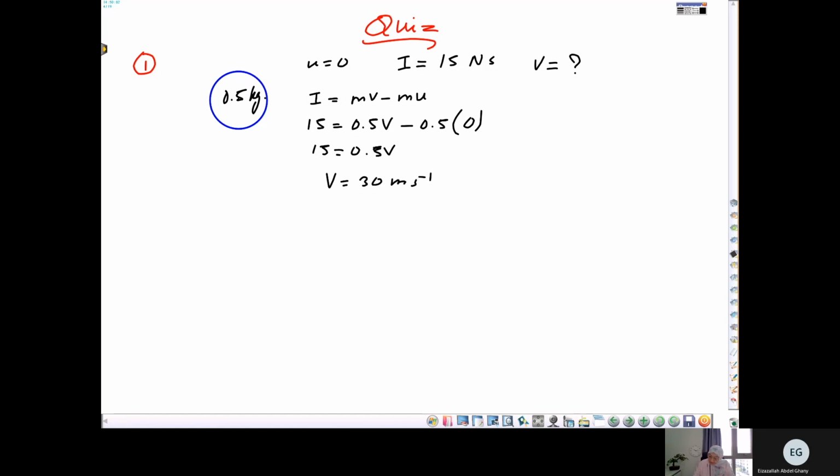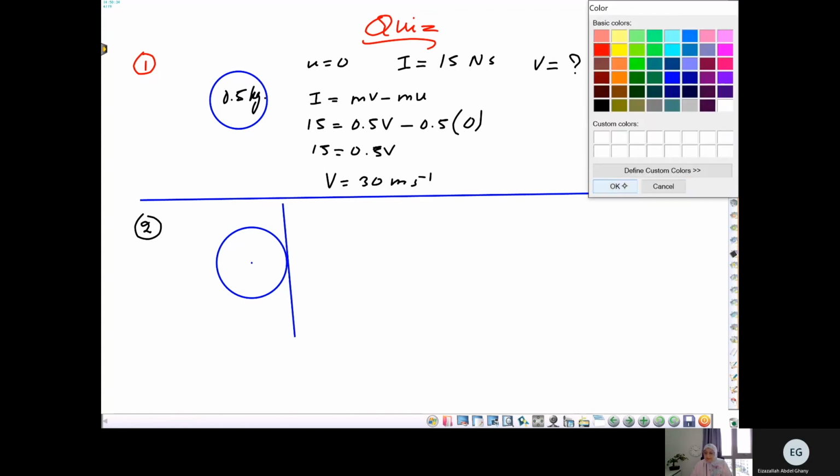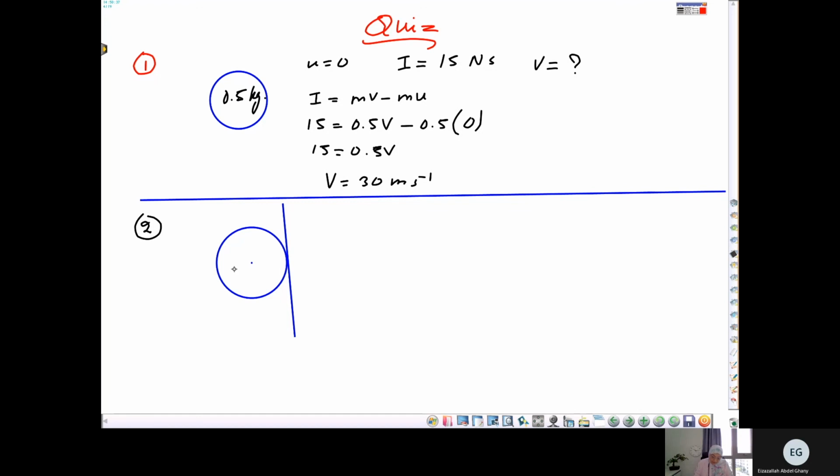Next quiz. A ball of mass 0.3 kilograms is moving along a horizontal surface and hits a fixed vertical wall. Here is the ball, and here is the wall. Let's write all the information. The mass of the ball is 0.3 kilograms.